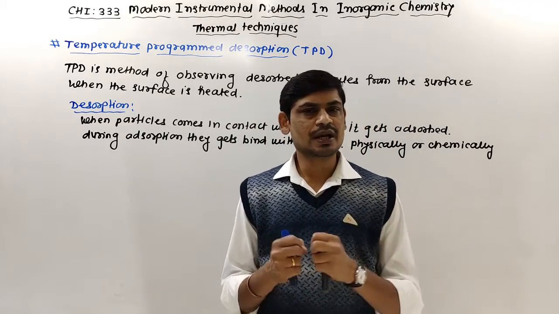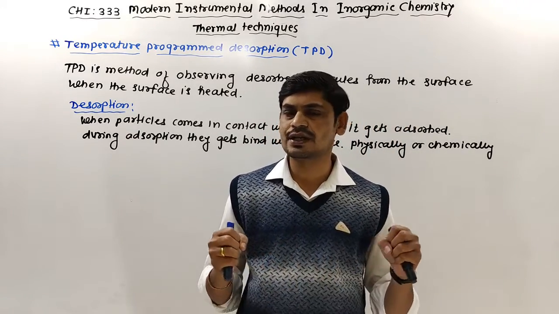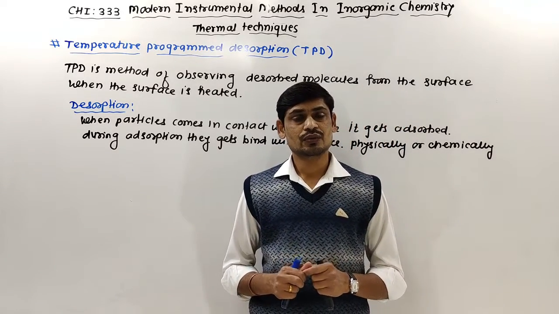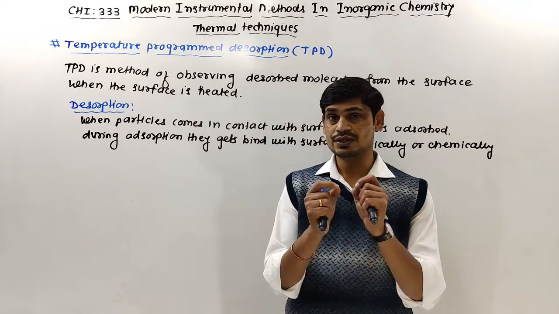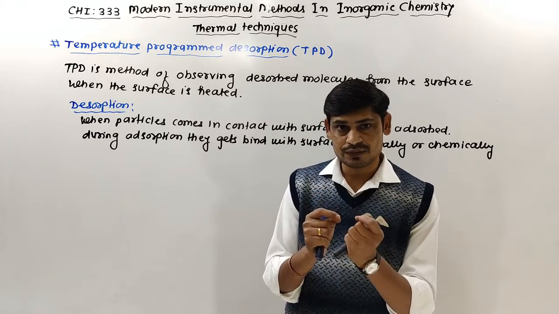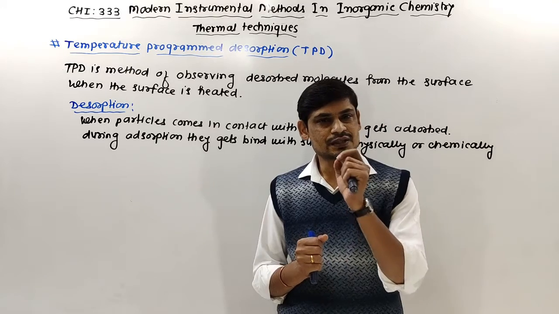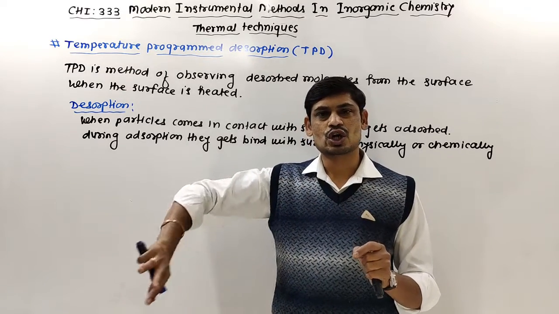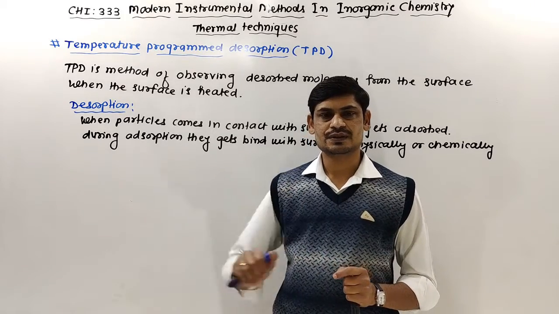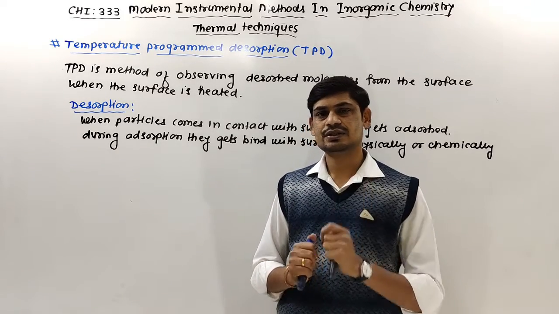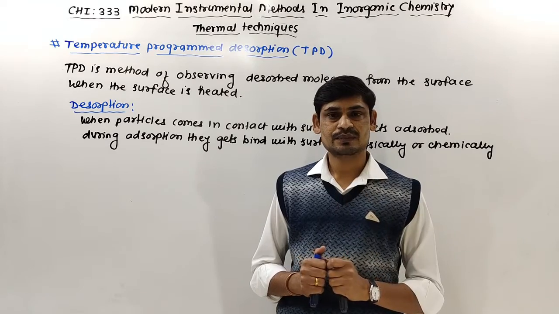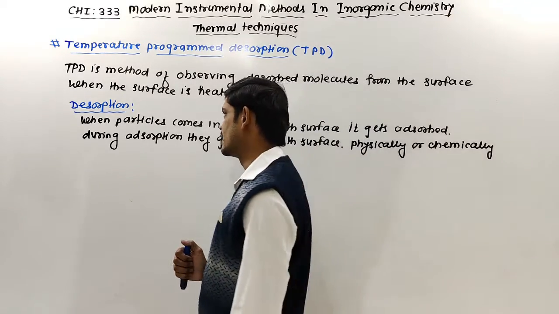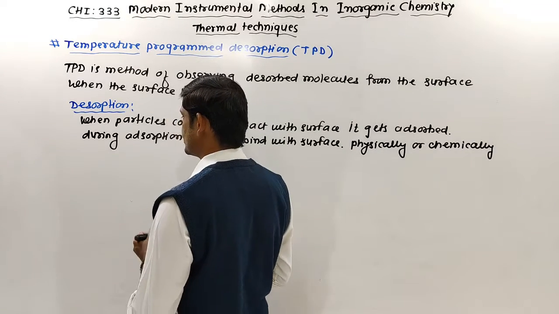Actually, the binding energy of different particles is different, and when we heat the surface, at a certain point the molecules start to desorb, meaning to leave the surface. This point or temperature is known as the temperature of desorption, or desorption temperature.